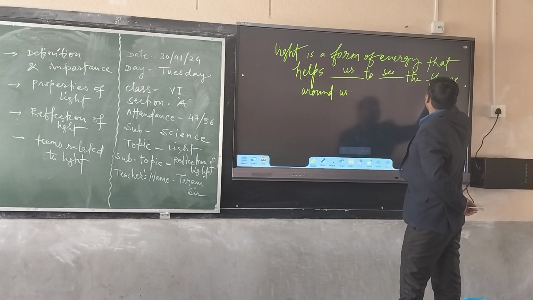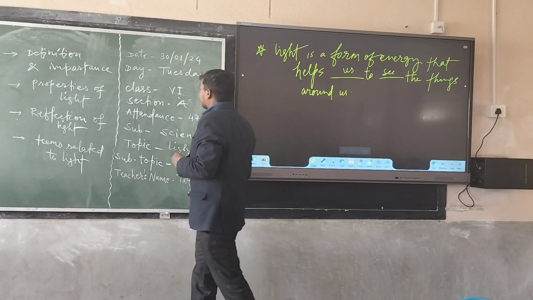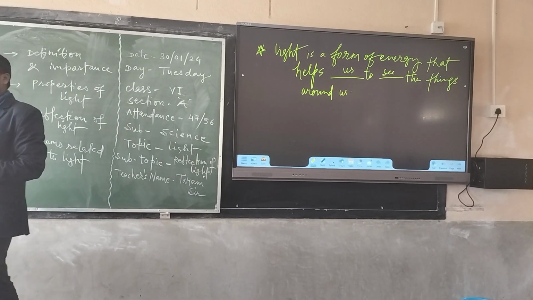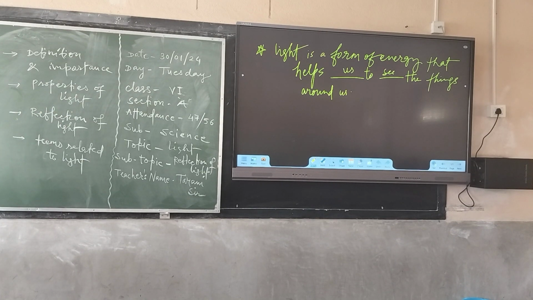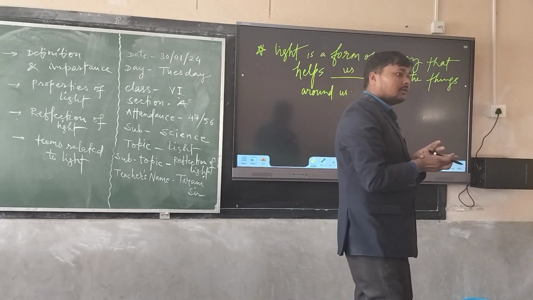This is the very initial definition of light. All are familiar with it, because in the absence of light there will be a dark region, and in the dark region we are not able to see the things around us, like a blind man.